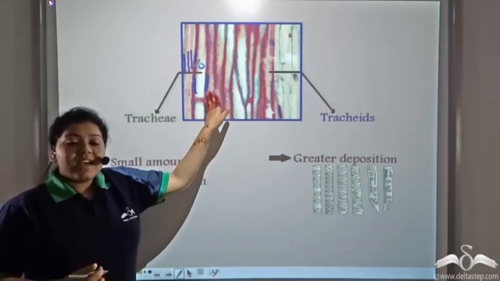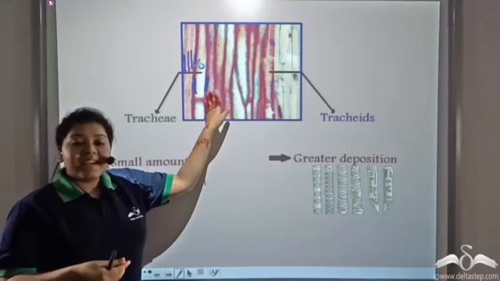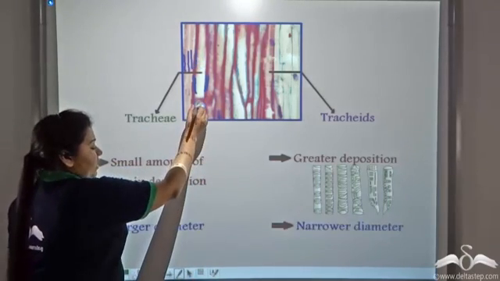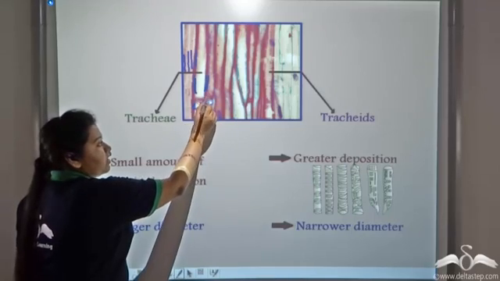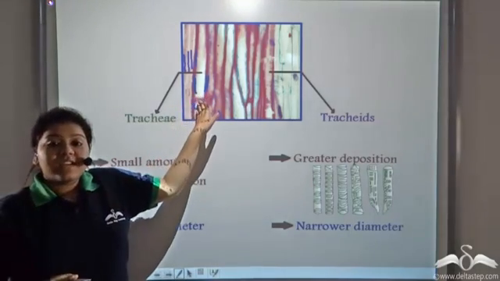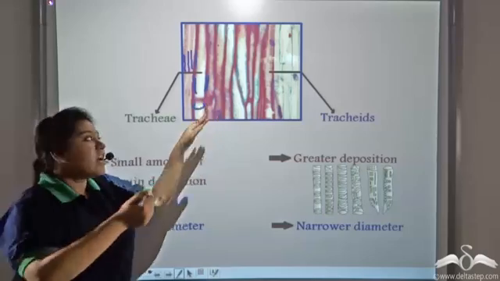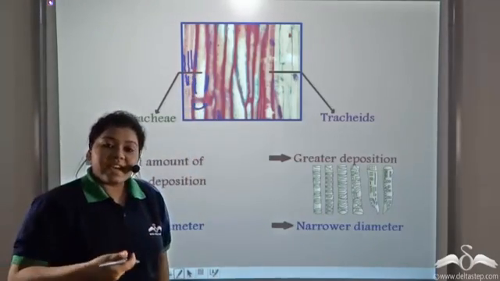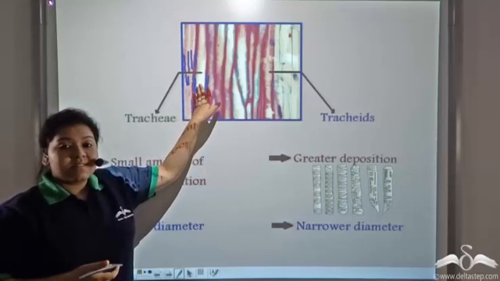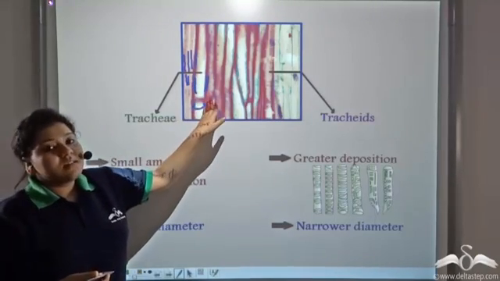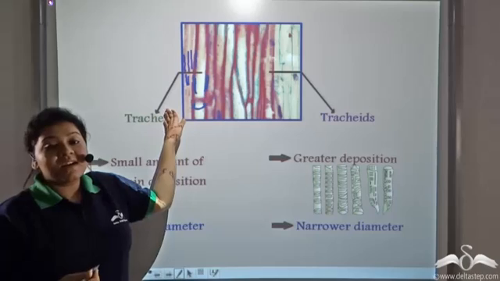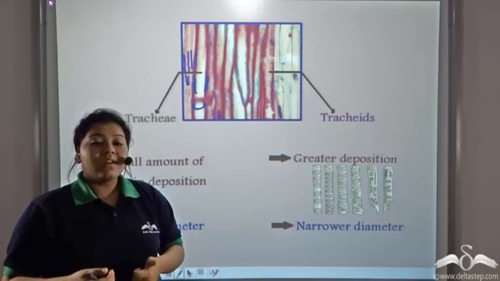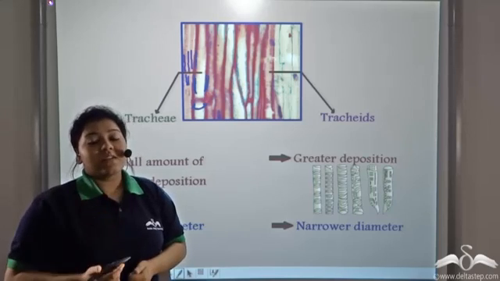Since the trachea have a lesser amount of lignin on their cell walls, they are wider, they have a bigger diameter compared to the tracheids which have a very thin diameter. See, the diameter is very thin in the tracheids. Now, notice another thing, that since the trachea have a broader passageway, they can easily conduct water from the root upwards to the leaf.